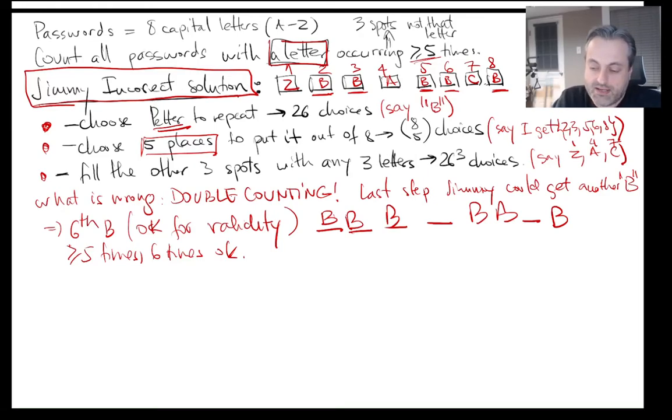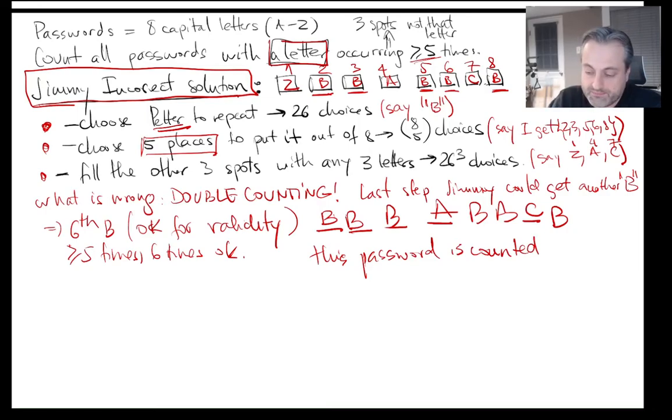This password, say I get here an A and a C. This password is counted 6 times. Because I could have gotten, in the first step, I'm going to give you 2 examples.